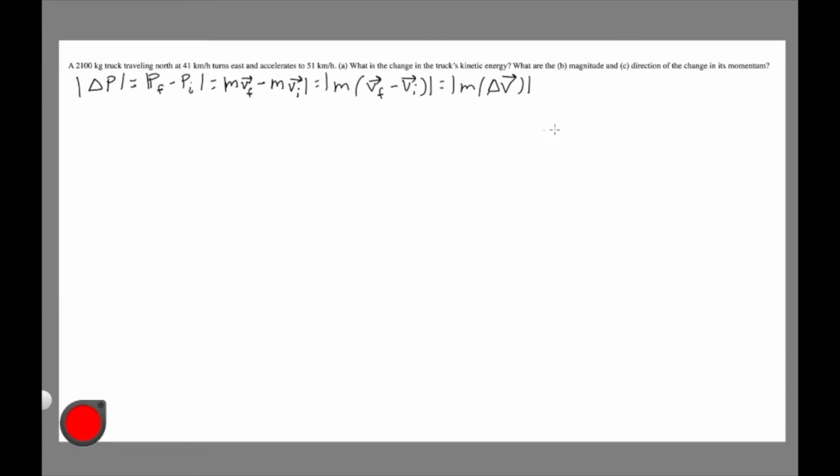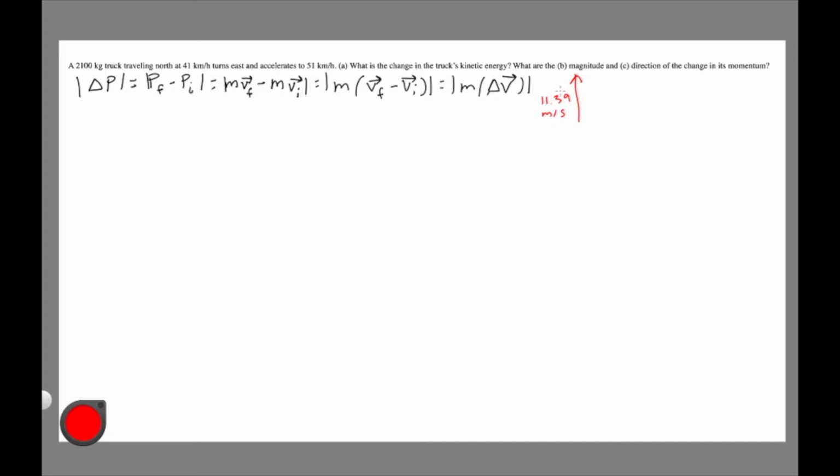So first, we have the truck moving north at 41 kilometers per hour. And in the previous video, we converted kilometers per hour into meters per second. So in this case, if we convert it to meters per second, we get 11.39 meters per second.